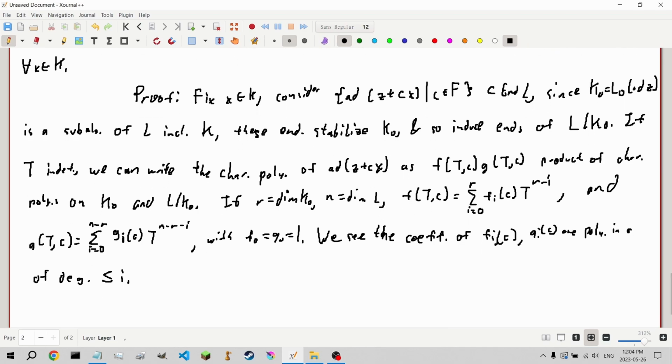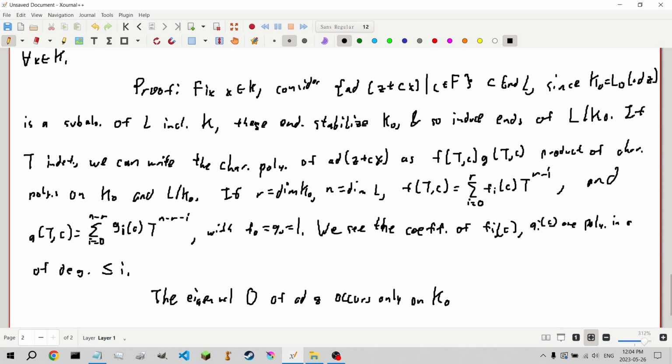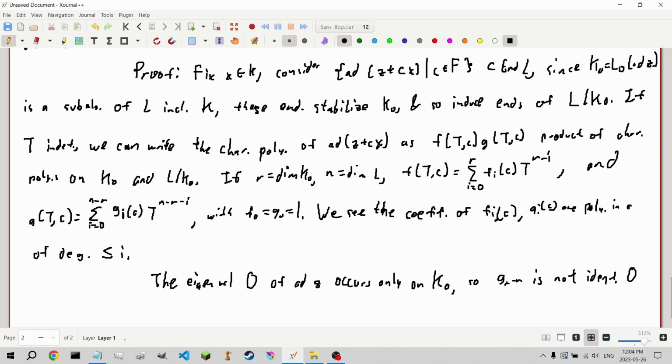We also see that the eigenvalue 0 of the adjoint of Z occurs only on our K0. So g_{n minus r} is not identically 0 on F.